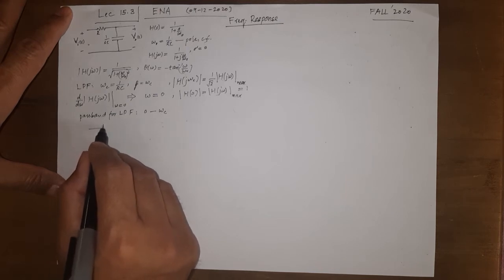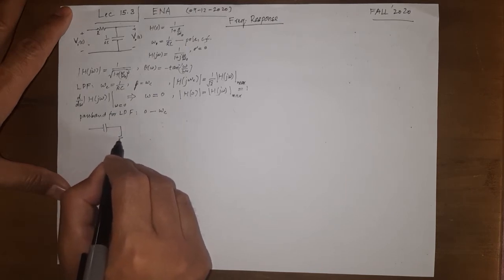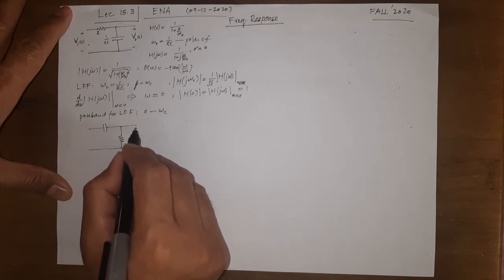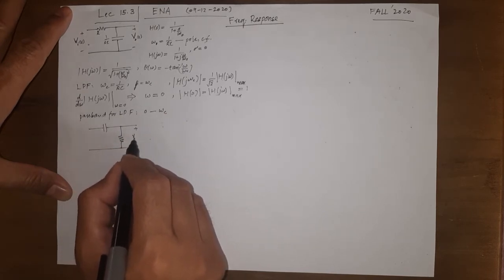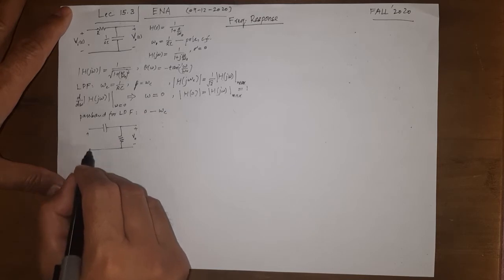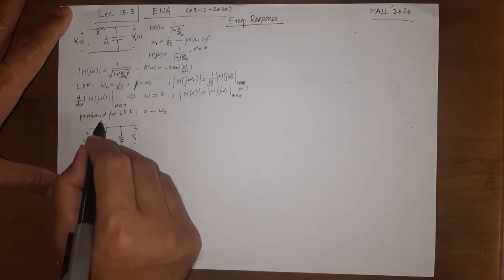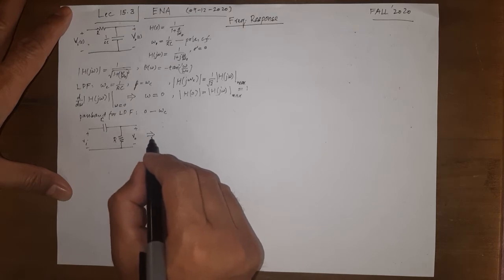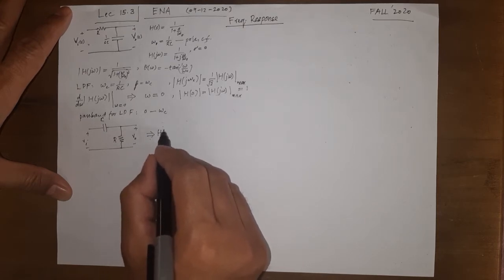You will do it yourself, but let me just give you the result so that you can verify whether you have done it correctly or not. So if you take the output here and the input stays here, so now we have a C here and an R here, then you should verify that this is a high pass filter.